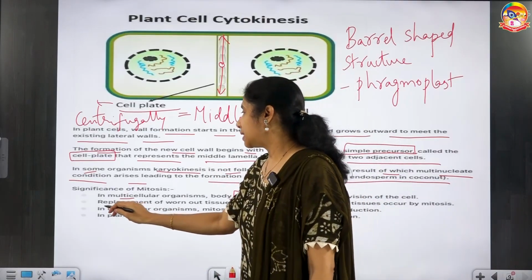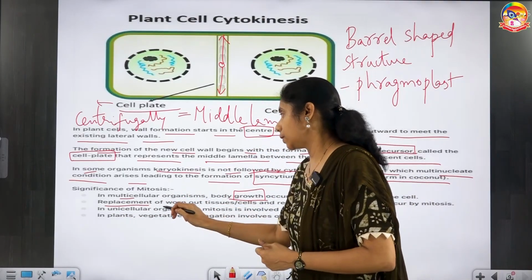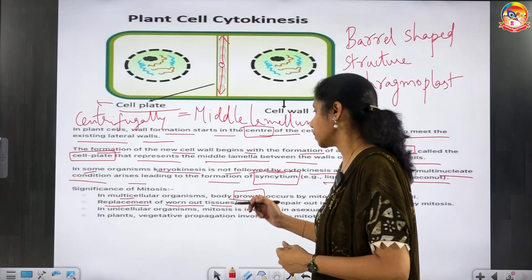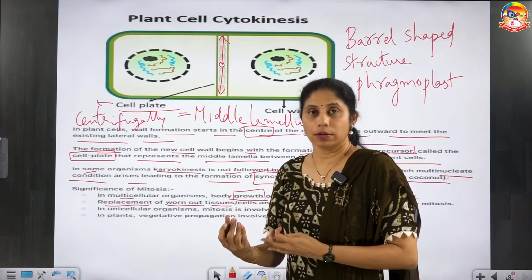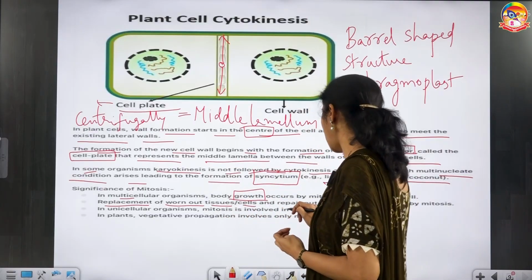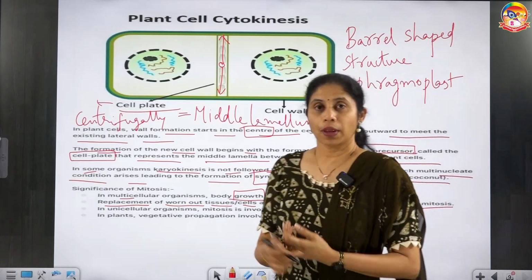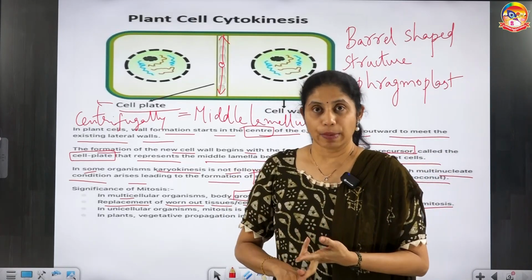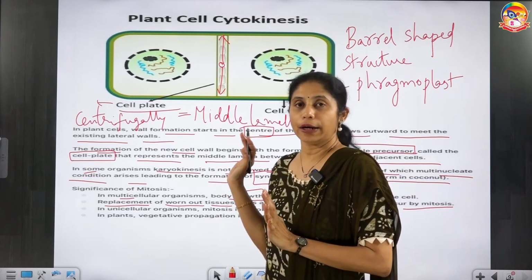Replacement is also one more significance of mitosis: replacement of worn out, damaged or old cells or tissues, and repair of injured tissues occur by mitosis. One is growth, another is replacement, another is repair. These all are due to mitosis.